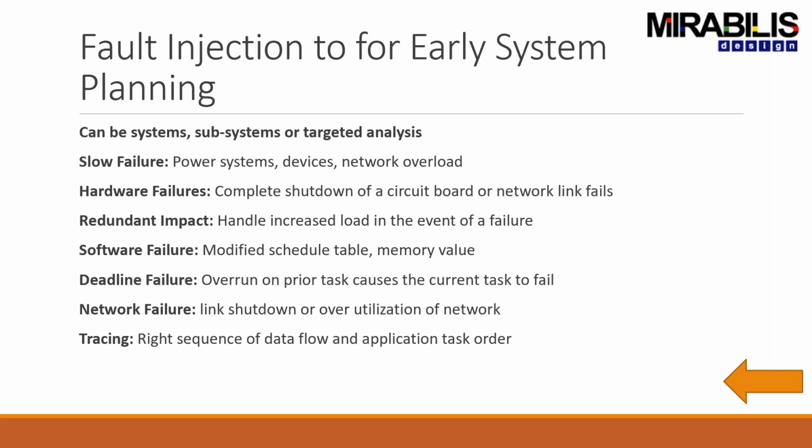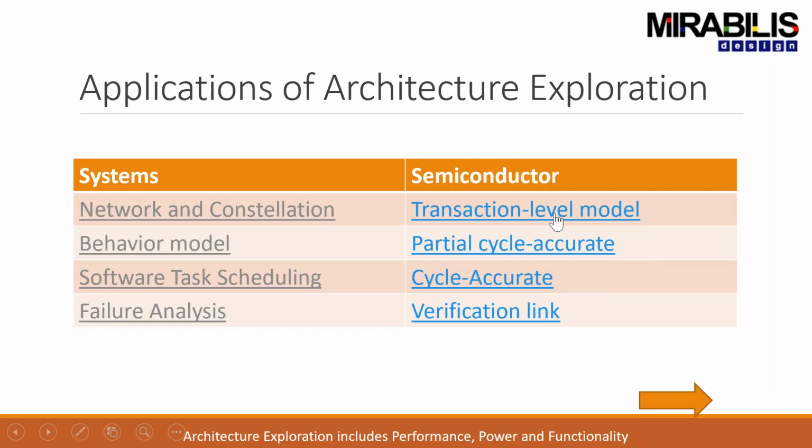So I want to understand what that is and how it impacts the operation of my system. Based on that, I can make decisions on increasing my redundancy. Maybe I can replace some of the components with components that have a higher mean time between failures. I can look at all of those kinds of attributes when I inject these faults and evaluate the failure. Now, this is on the system side.